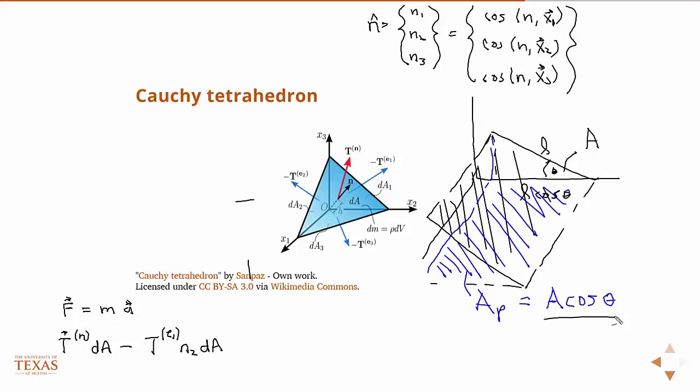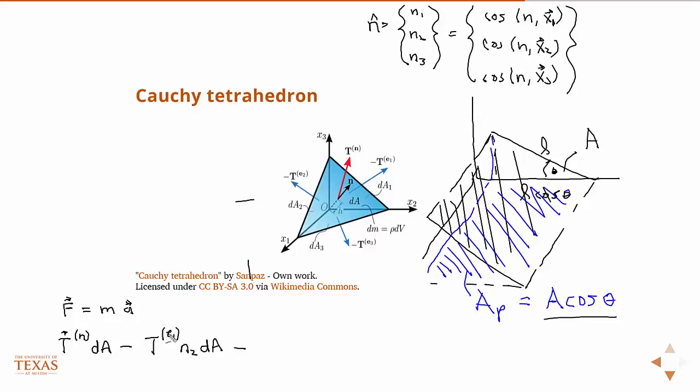N2 is the component of N in the x2 direction, so it's the cosine with x2, and therefore the area of that back face is the area dA projected onto it through the cosine.